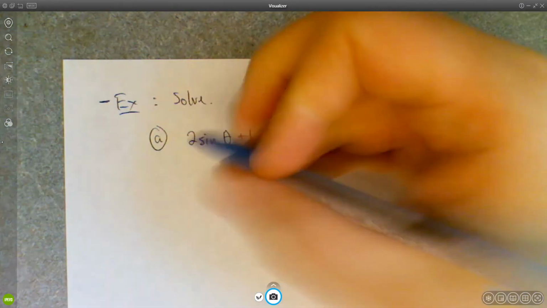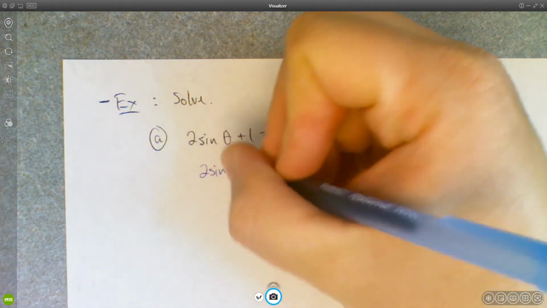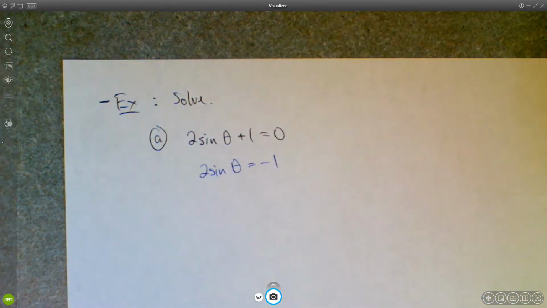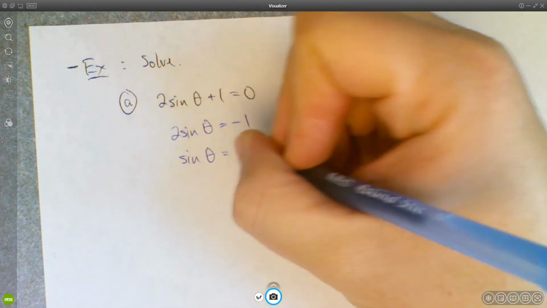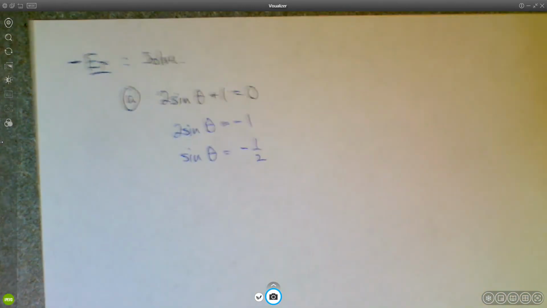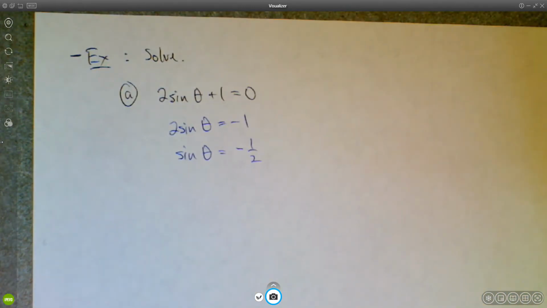In this case, we're going to move the 1 over and then divide by 2. Now we've got it in the form sine something equals something else, sine x equals k, or more specifically, sine theta equals -1/2.